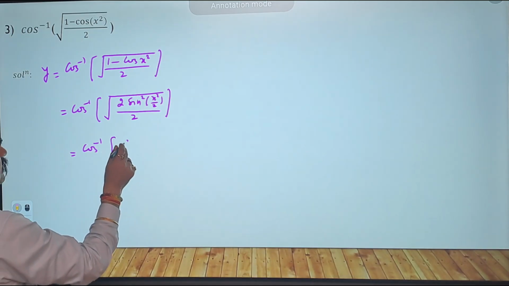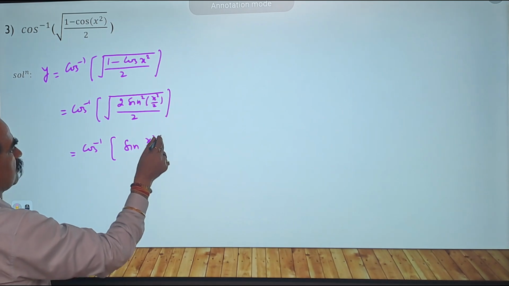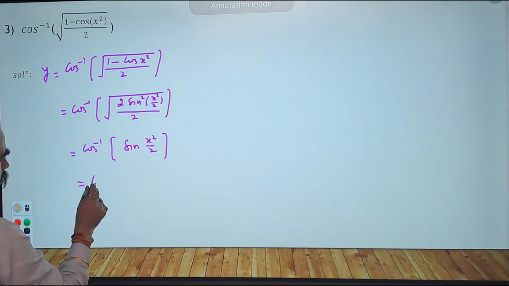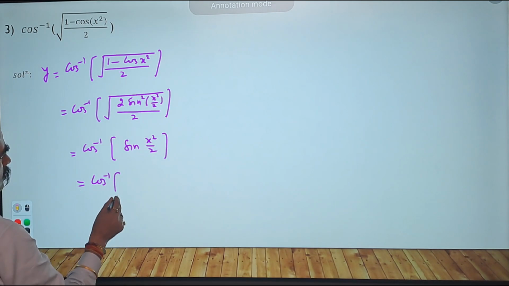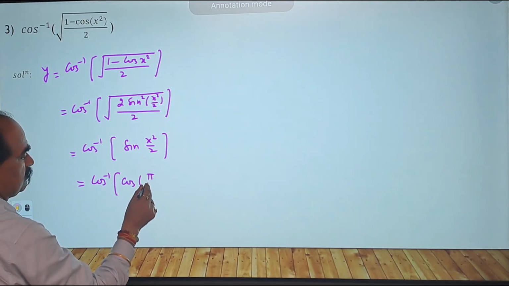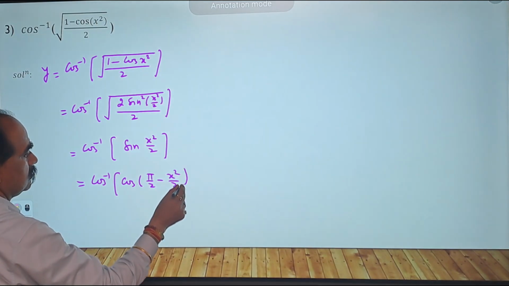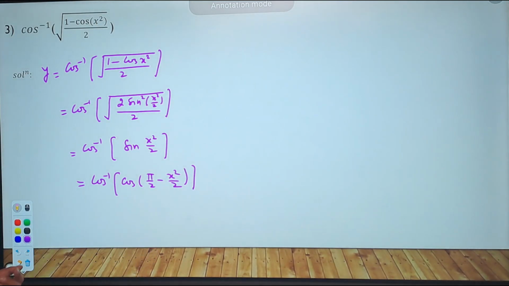Cos inverse sin x square by 2. Sin can be written as cos pi by 2 minus x square by 2.